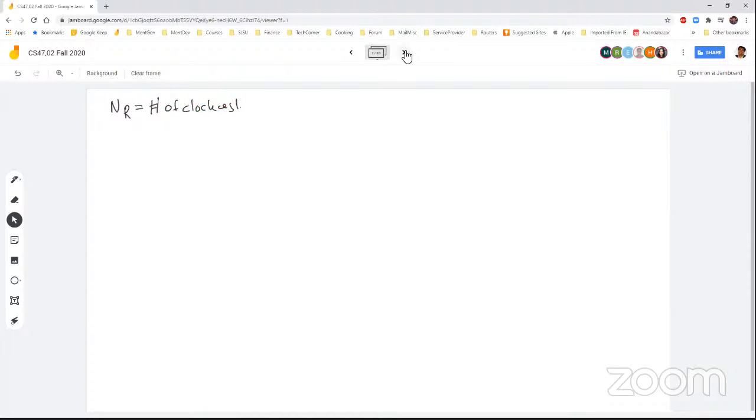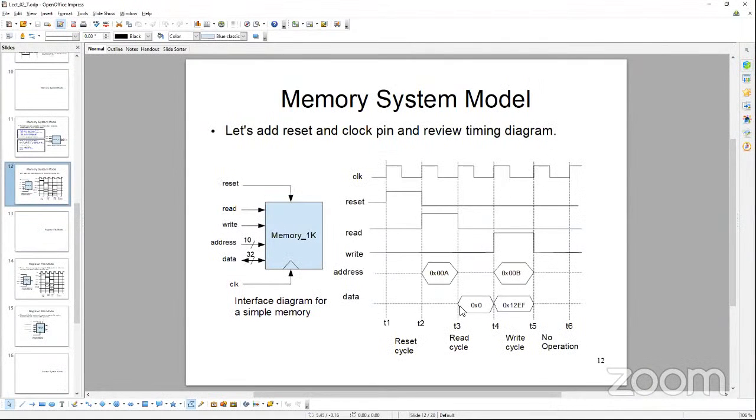Hey, Professor, sorry to interrupt, but why is it okay to have a read operation right after a read operation? Because while you are consuming this data, the processor can still change the address, because the address line is not used at all at that point. So the processor can give another read request by changing the address line.